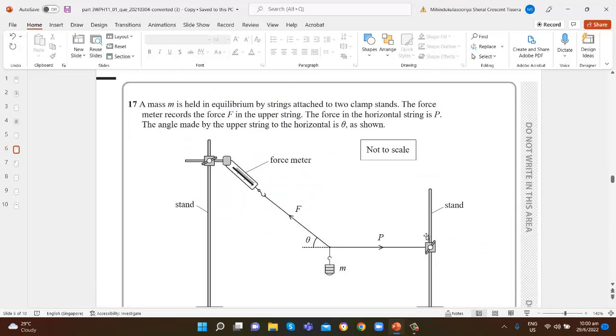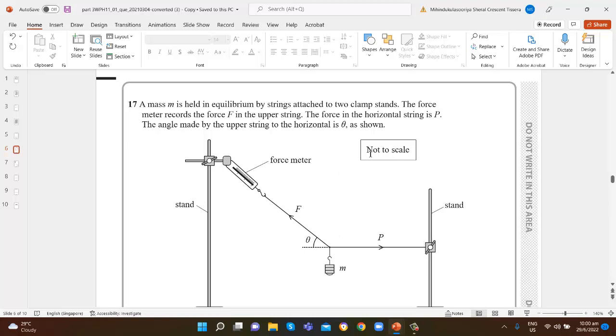Now move on to question number 17. A mass M is held in equilibrium by strings attached to two clamp stands. The force meter records the force F in the upper string. The force in the horizontal string is P. The angle made by the upper string to the horizontal is theta as shown.